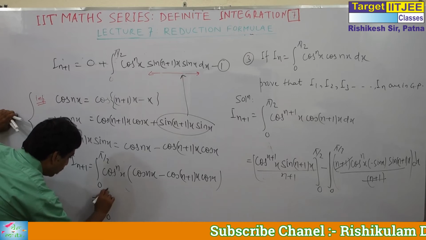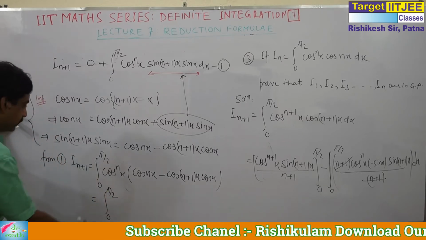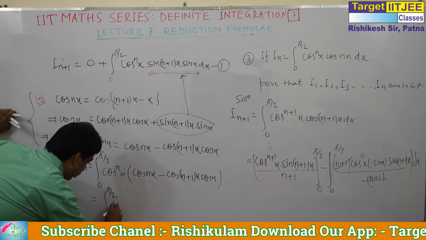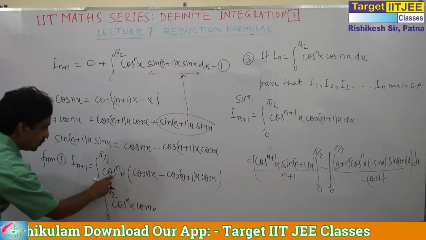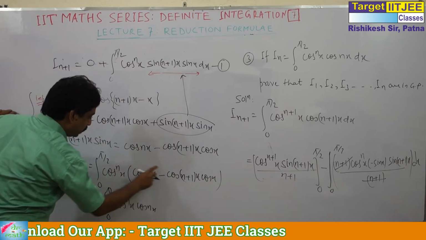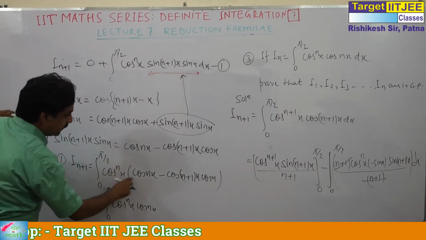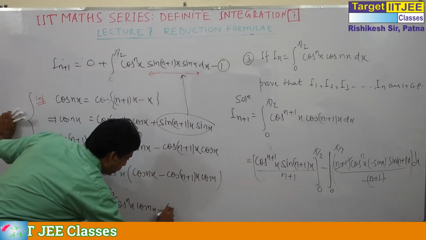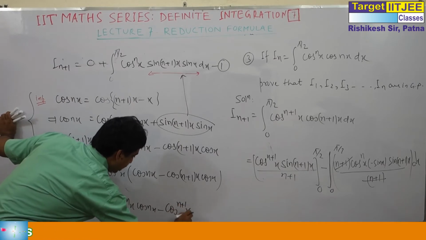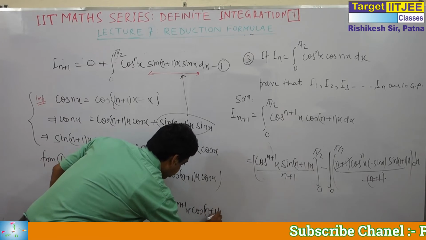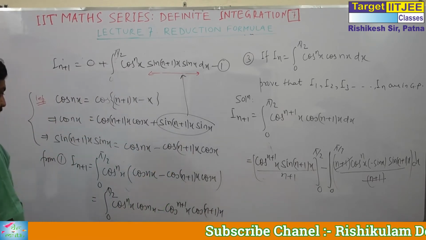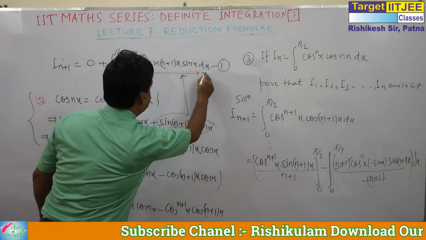Multiply 2 together, 0 to pi by 2. You can say cos to the power nx into cos nx. When we multiply these two, cos to the power nx and cos x will give cos to the power n plus 1x, and this is cos n plus 1 into x. And there will be a dx.